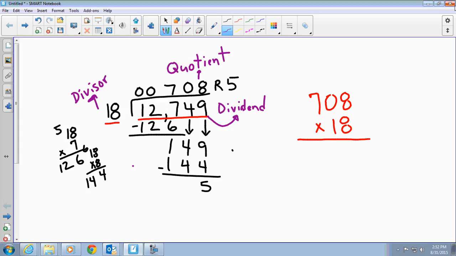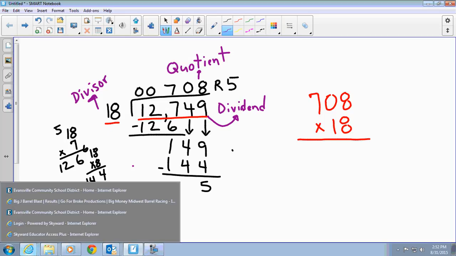Before we go, I want to draw a couple of vocabulary words to your attention that are found on page 4. The divisor is, in this case, 18. 18 is the number that is going into 12,749. So 18 is our divisor.